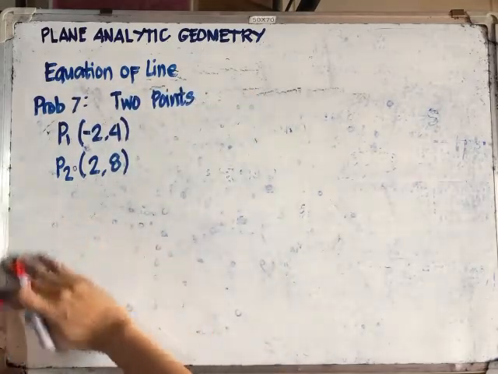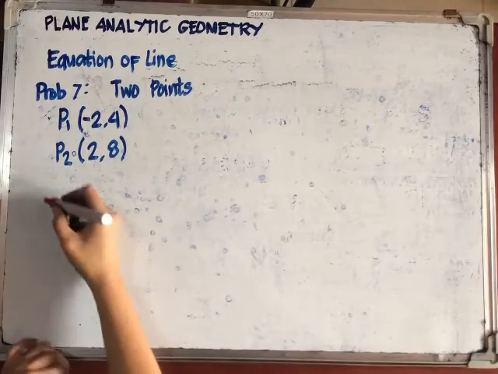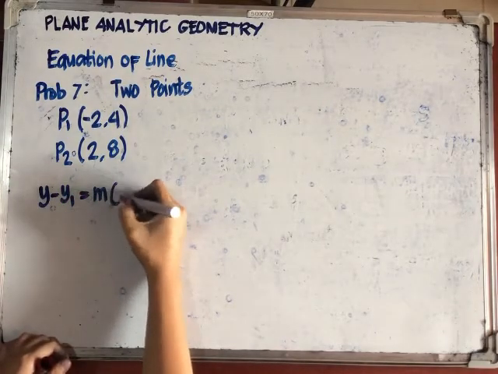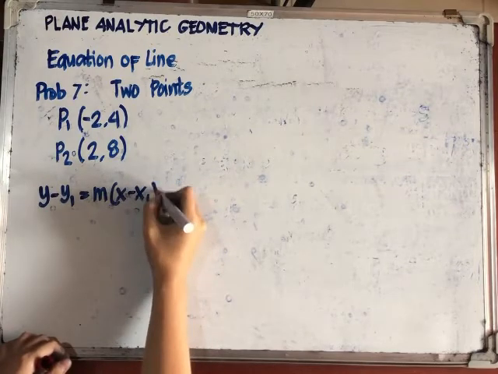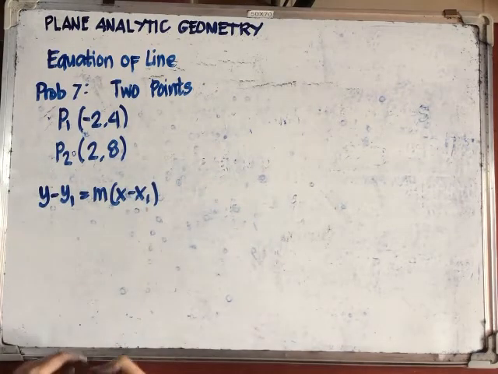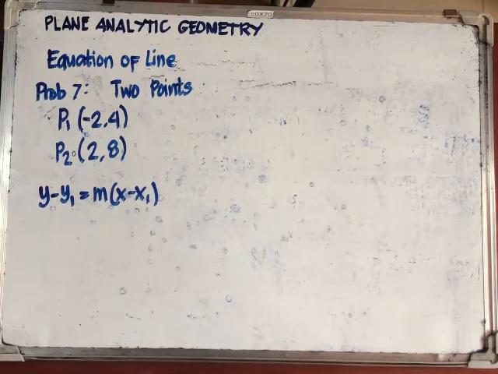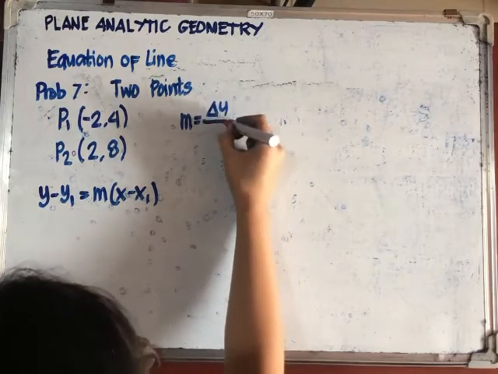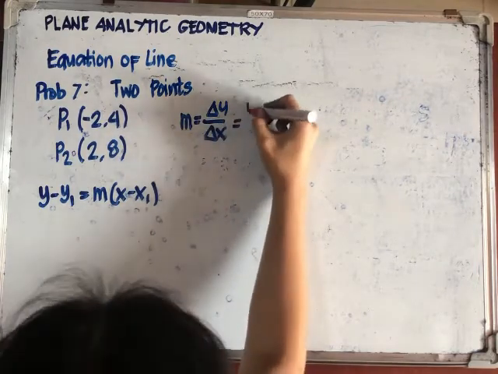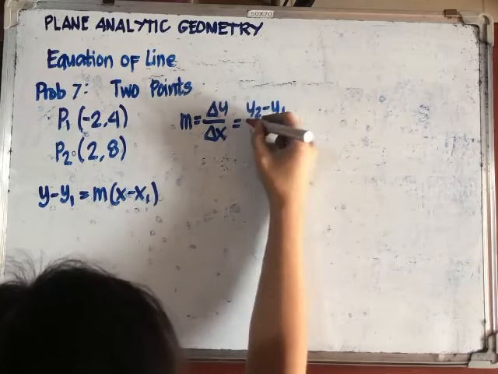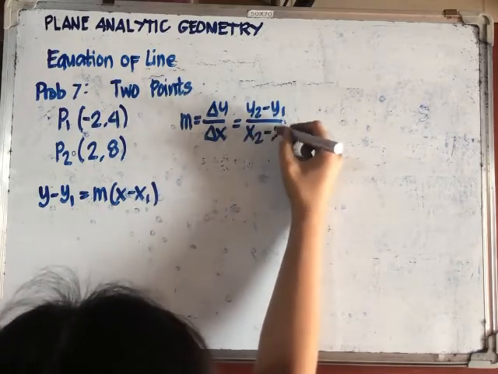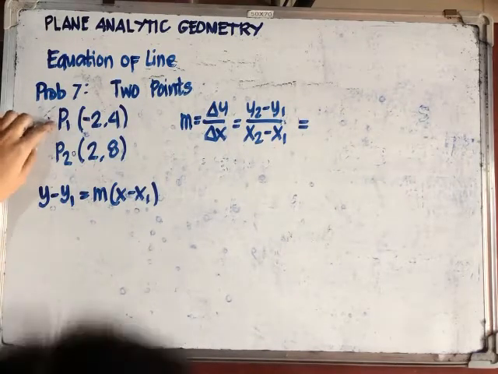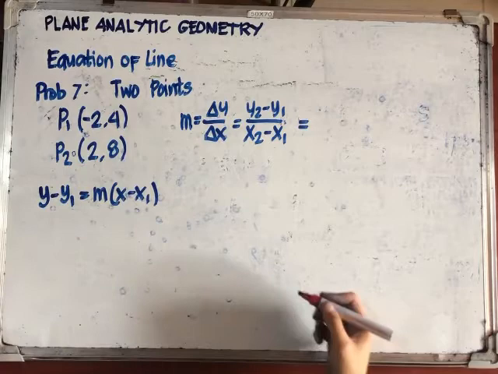For 2 points given, you can still actually use this y minus y1 equals m times x minus x1. Nga lang, kailangan mo isolve muna ang slope of the line. And for slope, paano yun? The change in y over the change in x, or that's y2 minus y1 over x2 minus x1. So, all number 1 coordinates are nandito kay point 1 and all number 2 kay point 2.